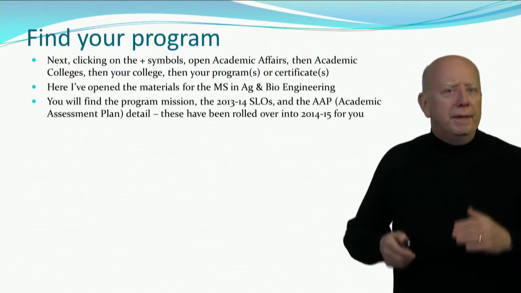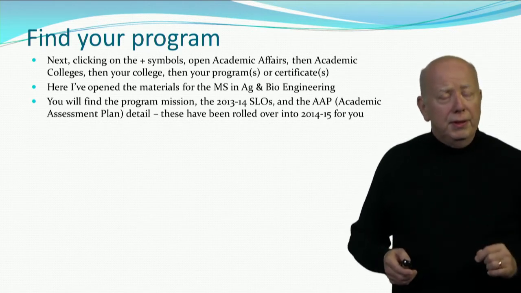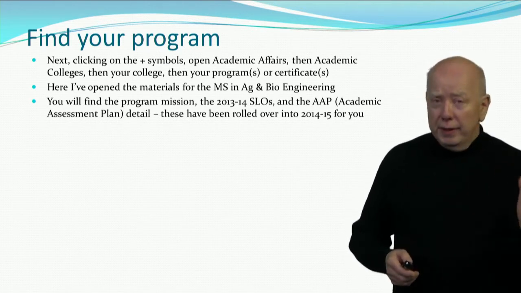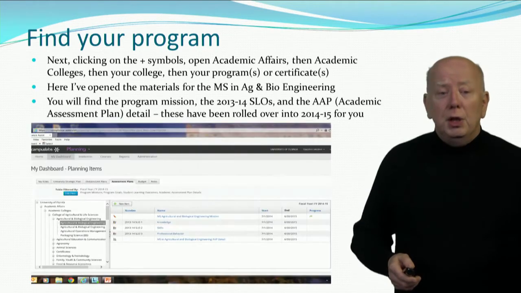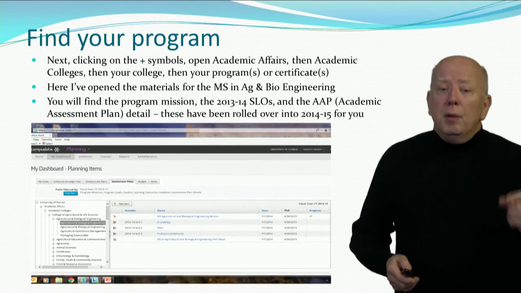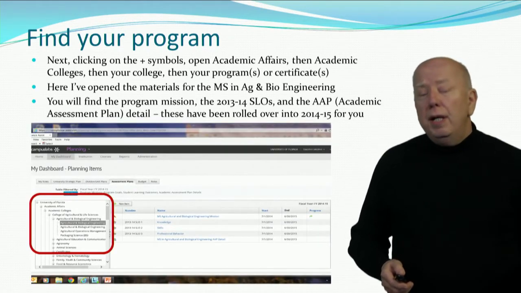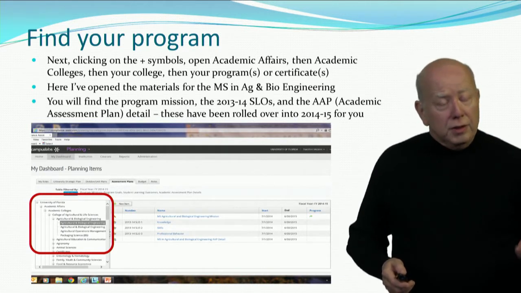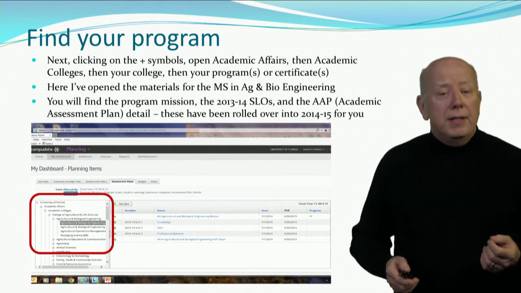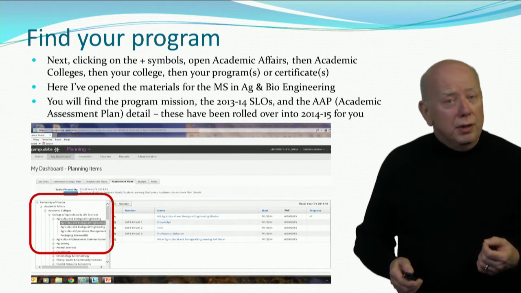Now this takes a little bit of searching because there are plus symbols to the left of each one of the units that you see on this particular page on the left. So what you'll see now is that I have opened up the plans and the materials for the Master of Science in Agriculture and Biological Engineering.